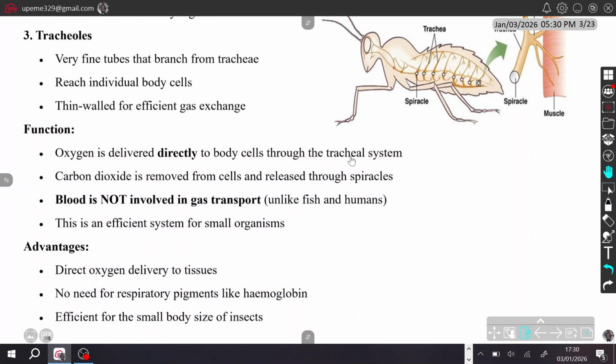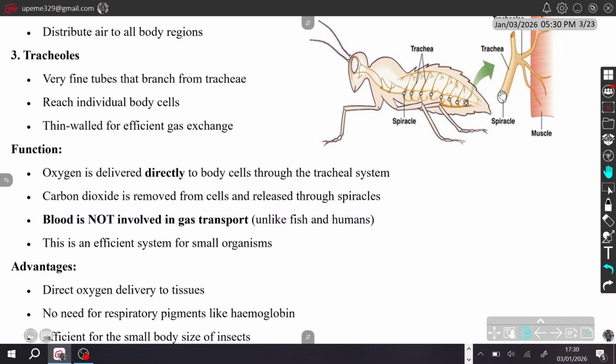No lungs. Then carbon dioxide is removed from cells and released through spiracles. So as much as oxygen is delivered directly to body cells, carbon dioxide is also removed through the spiracles.